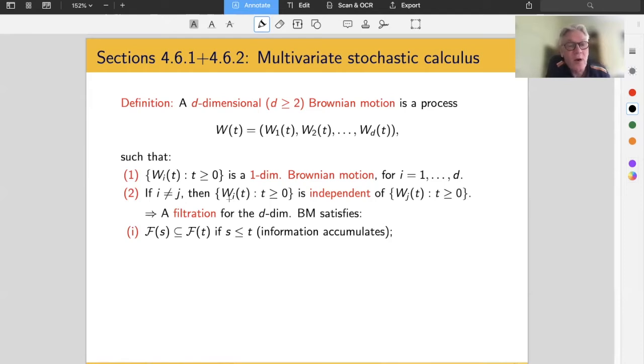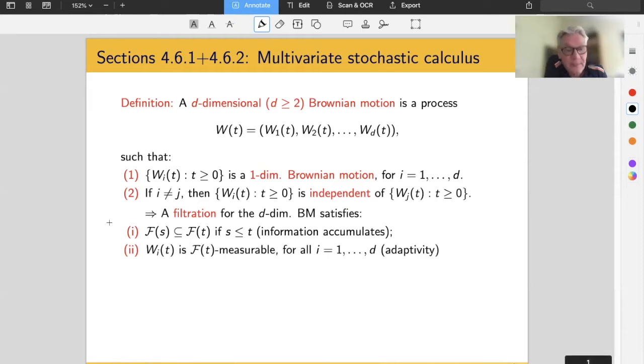And that is again our notion of accumulating information. Information accumulates, and we often write that so that the filtration at time s is contained in the filtration at time t.